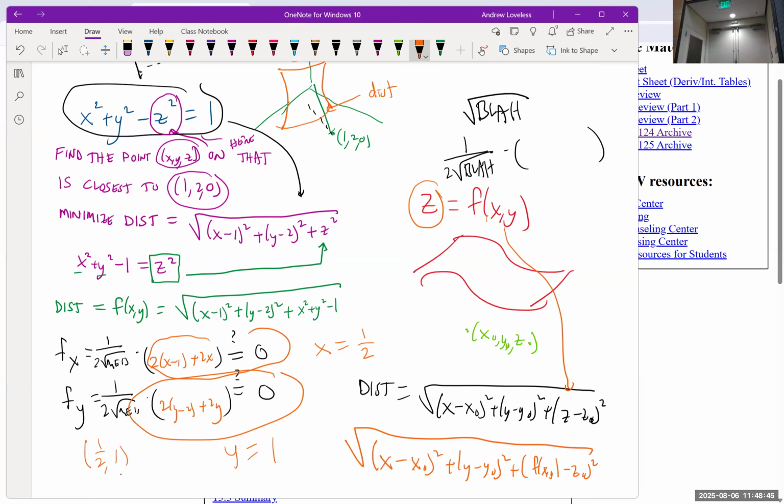A lot of times in a problem like this, why would there be 2 possible answers here? It has nothing to do with solving for critical points. It has to do with when you plug it back in here and solve for z, you get a plus or minus.